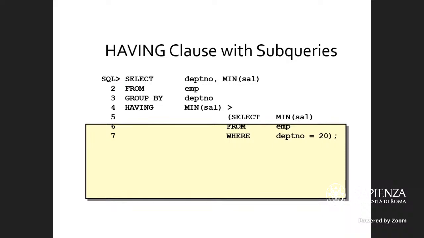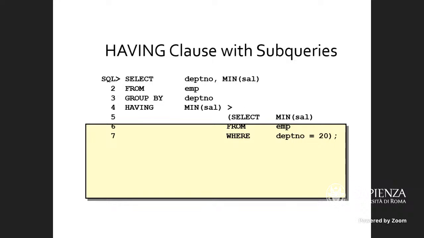You understand? And this one selects the department number and the minimum salary from employee. We are grouping by department number. But what we are trying to find out is the departments where their minimum salary is greater than the minimum salary of department 20. That is what you are trying to do here.